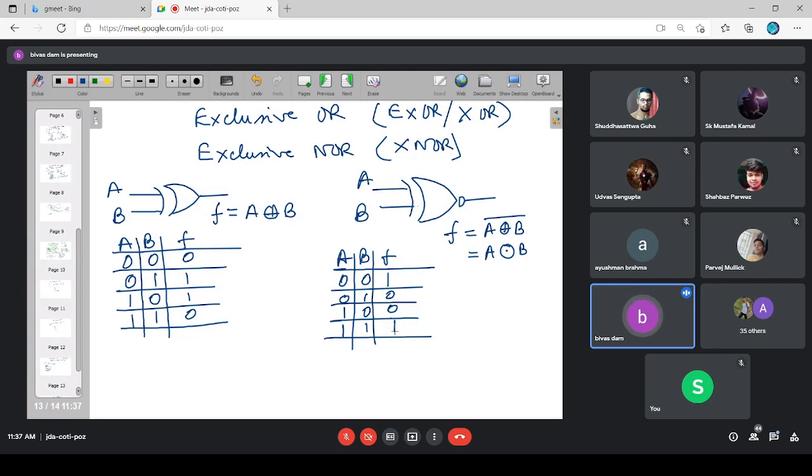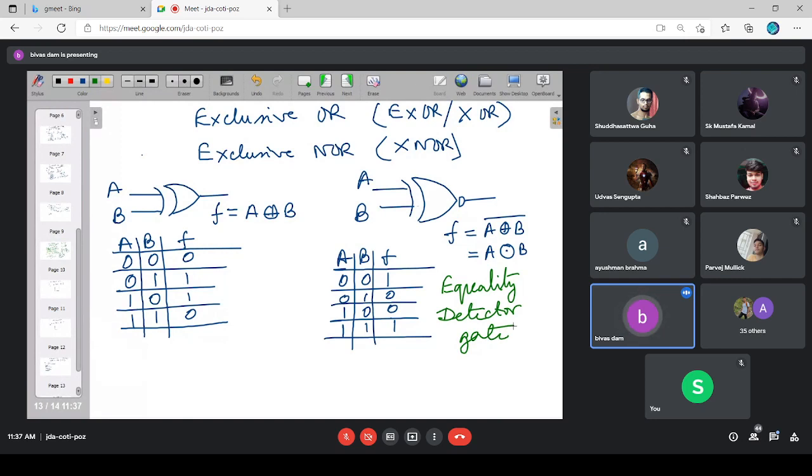So this XNOR gate is also sometimes referred to as equality detector gate. The output becomes true if both the inputs are equal.